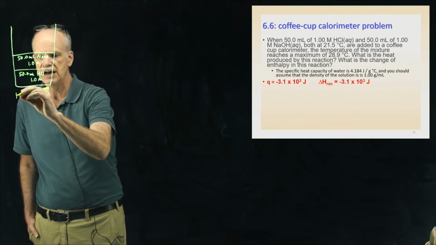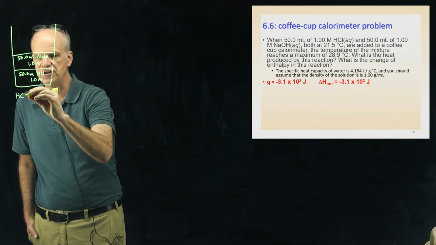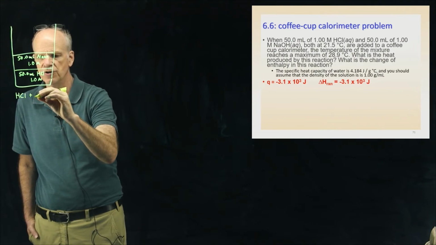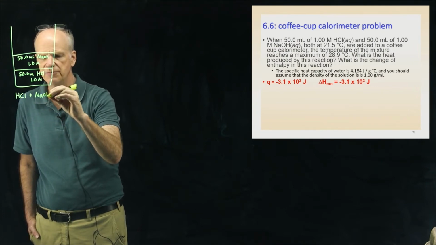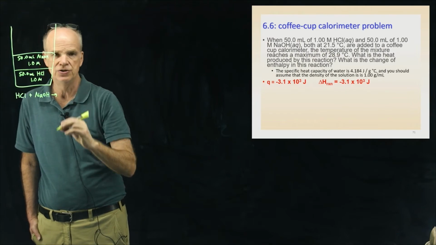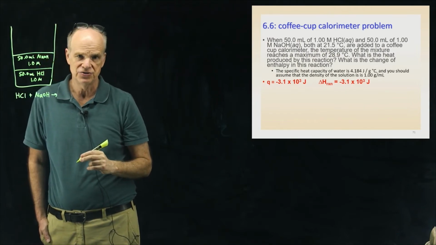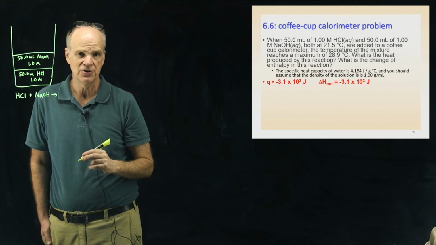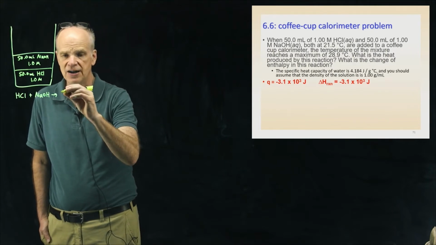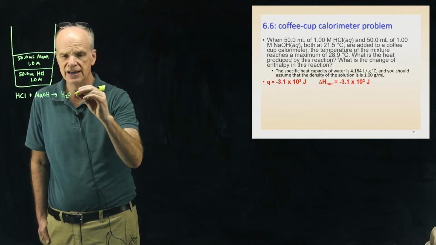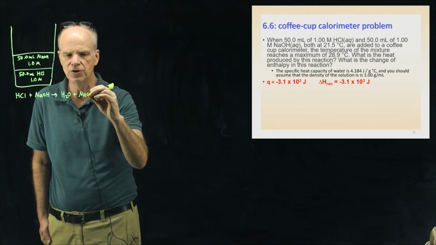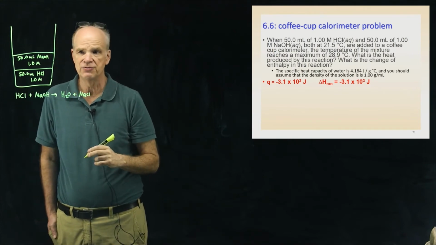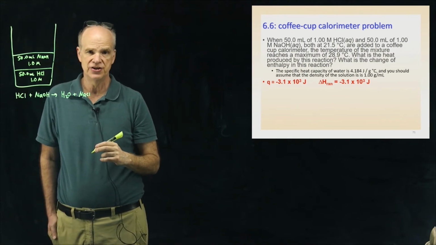And so what will happen is the HCl, which is an acid, will react with the NaOH, which is a base. And what we'll get is a neutralization reaction. I'm hoping you can predict the products of the reaction. The products are going to be water and a salt. So for this neutralization reaction, you're going to get some heat generated.